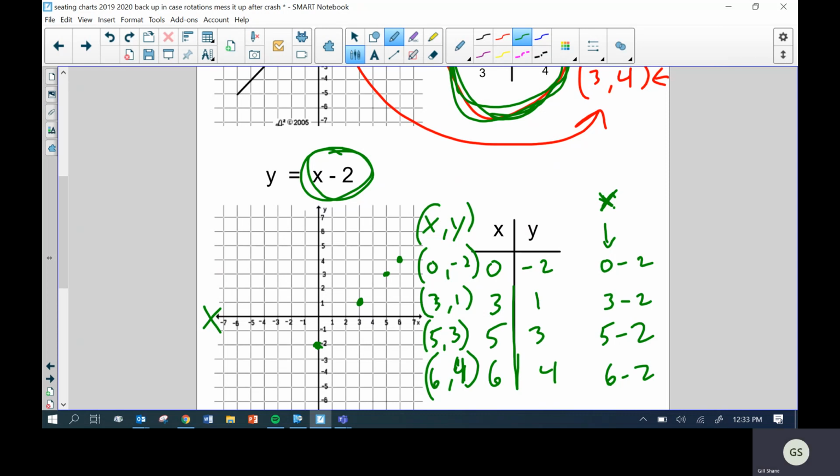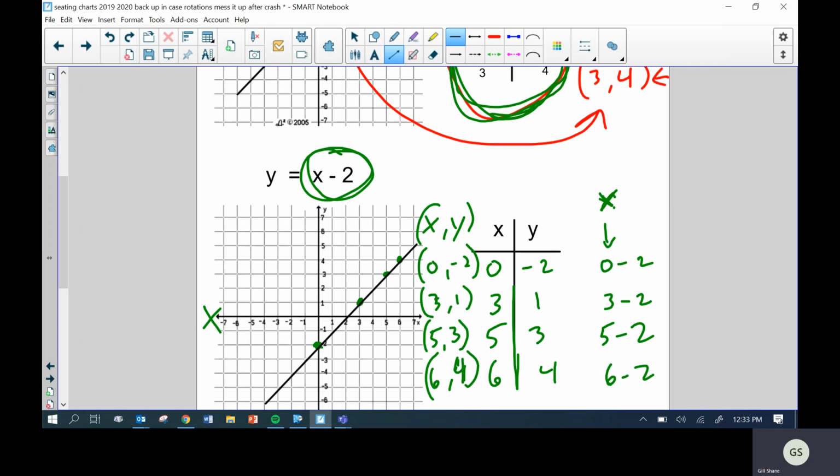And again, as you'll notice, those all line up. And I have a line that goes right through all of those perfectly. So again, all you're doing is you're selecting a value for x.